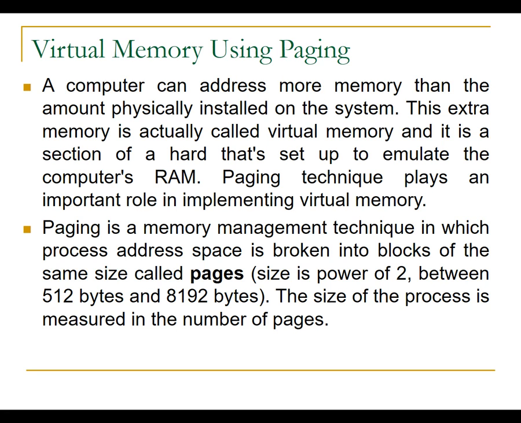We have to search for that particular program in each and every page. So it's a wastage of time and it requires lots of effort. So to reduce that effort and to decrease the search time, this particular concept has been introduced called virtual memory using pagination.